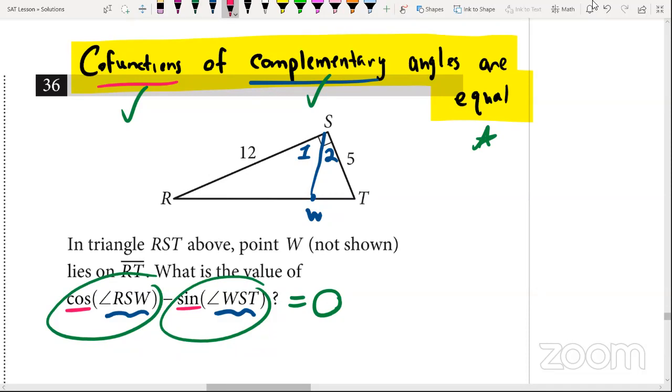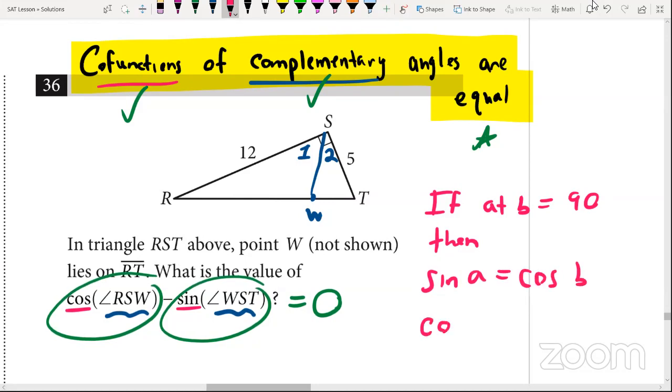But another way to understand co-functions of complementary angles are equal is to say that if A plus B equals 90, then we're allowed to say that the sine of A equals the cosine of B, or vice versa. The cosine of A equals the sine of B. So here we had our two angles that did equal 90, angle 1 and angle 2 equal 90.